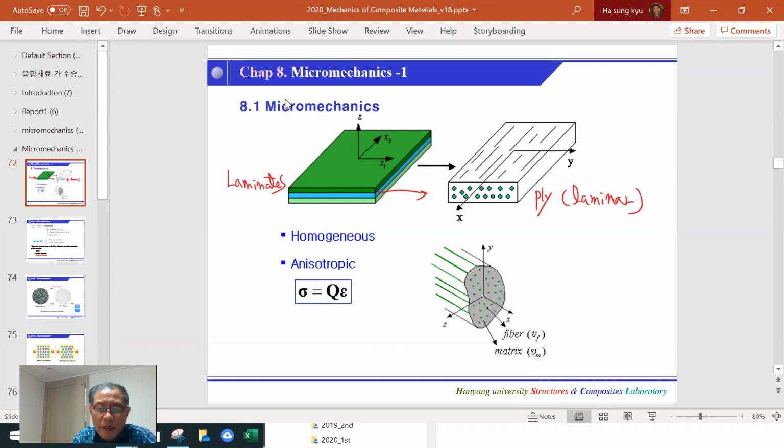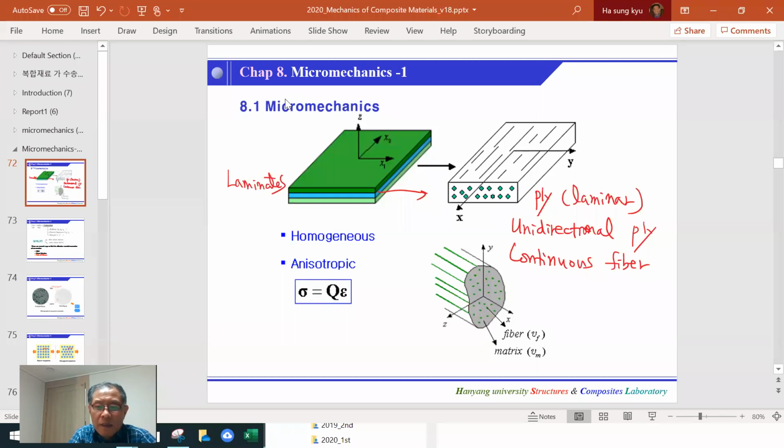This is the unidirectional composite, or unidirectional ply, or the continuous fiber.